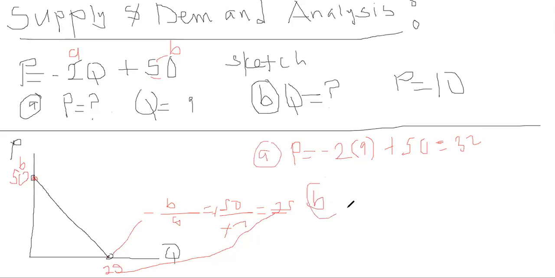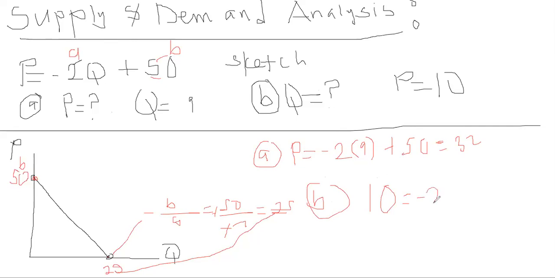The B part is that they are asking us to find a quantity. What we will do is straightforward. We have P, so we remove this P and replace it with 10, because they said the price is 10. But what we don't know is the quantity.